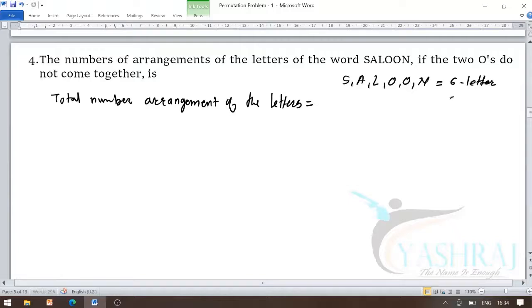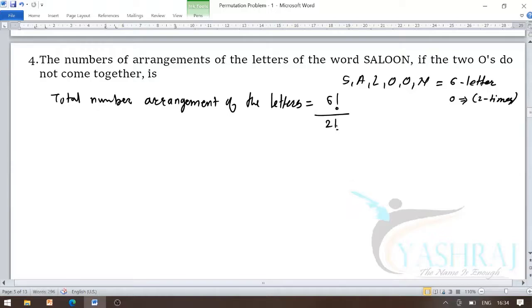Among them, O is repeated twice. Keep in mind, every other letter occurs once, like S occurs once, A occurs once, and so on. So the number of ways to arrange the letters in the word SALOON becomes 6 factorial divided by 2 factorial.